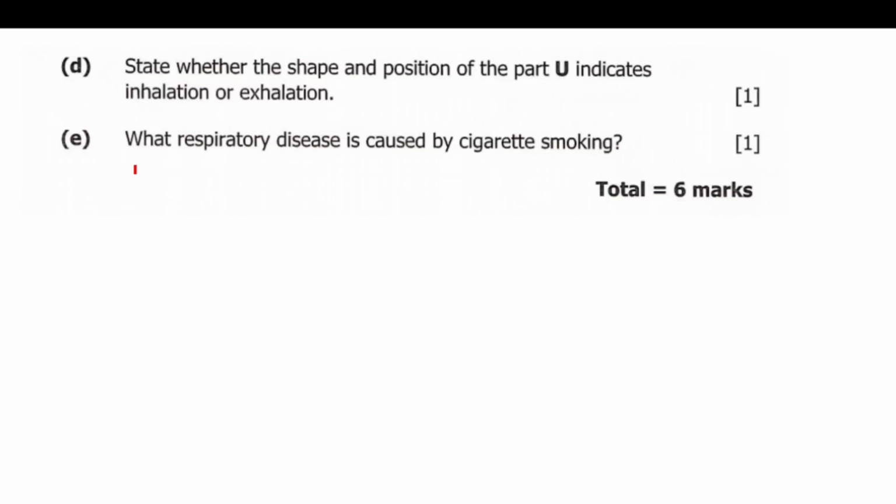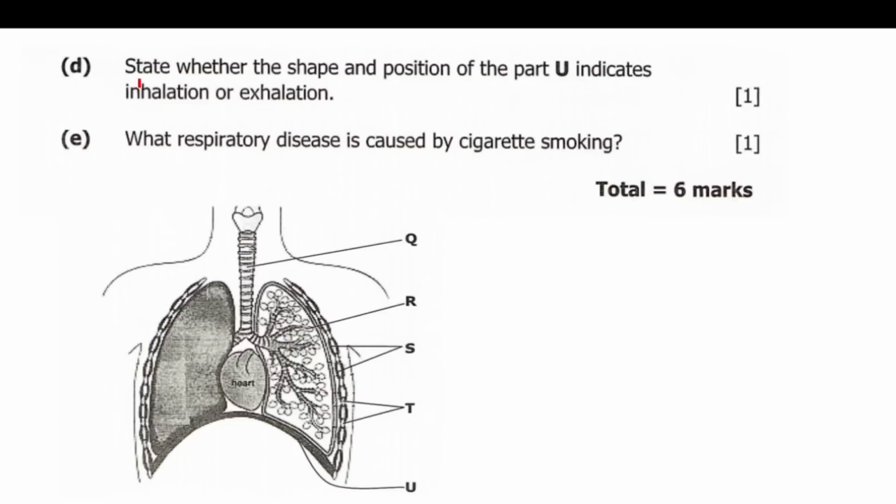Then D says, state whether the shape and position of the part U indicates inhalation or exhalation. So this is the diaphragm. When it moves upward, it is dome shaped.